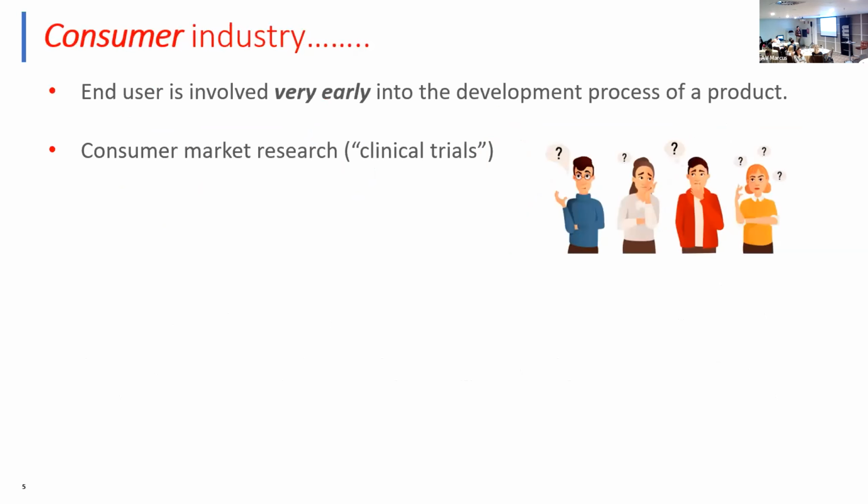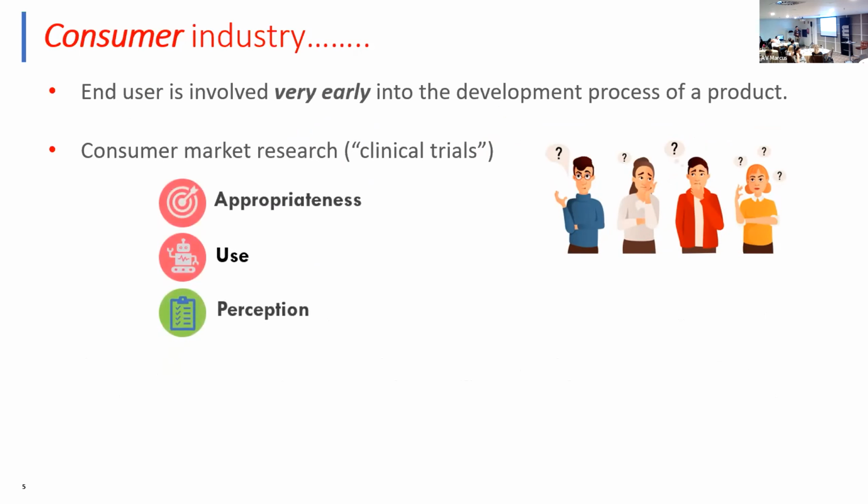The consumer industry is a good example of how to implement a patient-centric approach into the product. The consumer is, of course, engaged very early into the development process, and this should also be done for the pharmaceutical industry whenever a new program is being developed. Their so-called clinical trials for the consumer industry is the market research that they do with the population, trying to understand how they should develop the product.